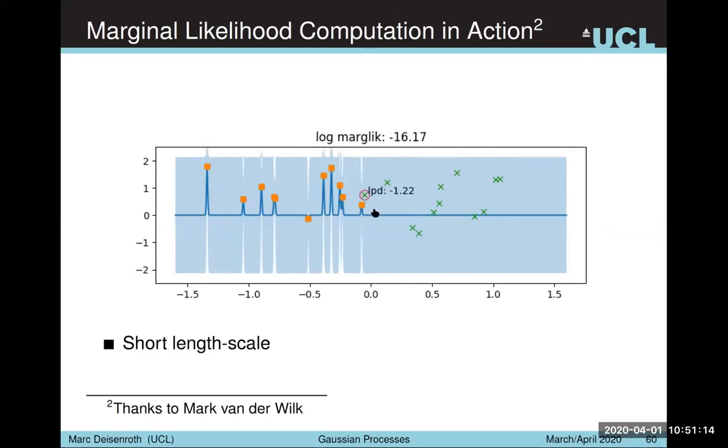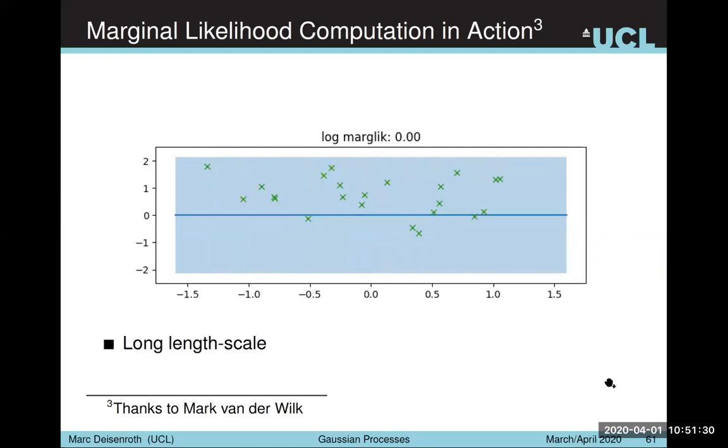But the marginal likelihood does effectively this sequential prediction here, and sums these predictions up. So if we were now to increase the length scale and make it a very long length scale, then this is what happens.